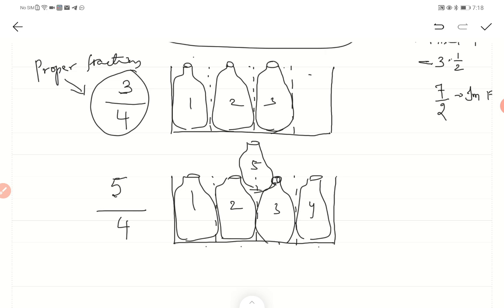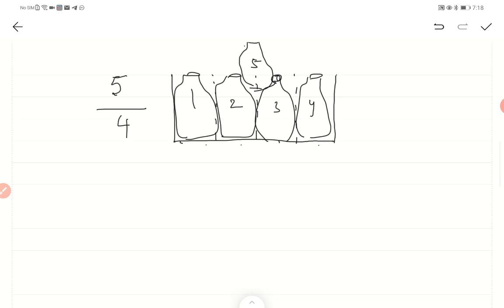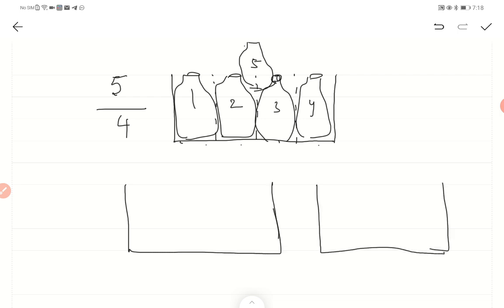Alright, so now what is the solution? What will be my solution? I can take 2 cases, isn't it? In each case you can accommodate 4.